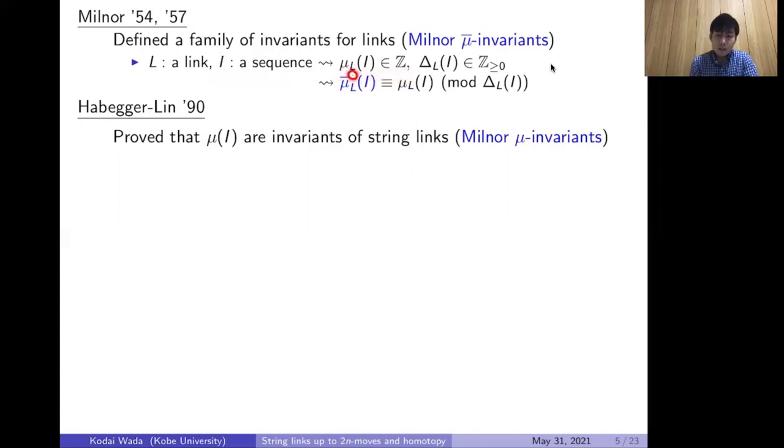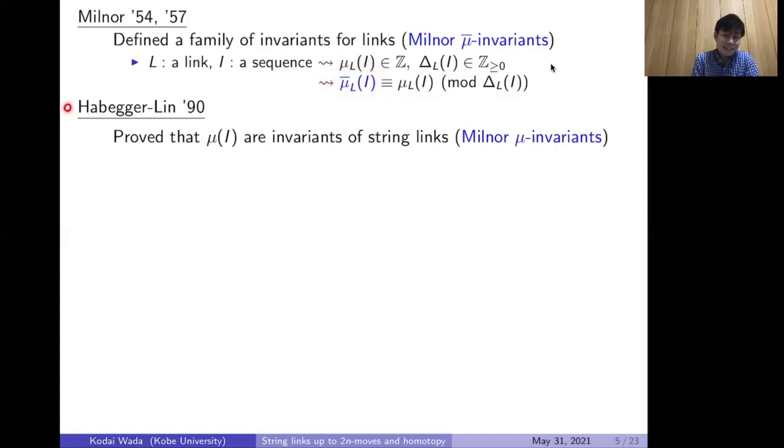Unfortunately, this integer is not an invariant of L. So we consider a non-negative integer delta L I, which is determined by Milnor numbers. Then the residue class of the Milnor number mu L I modulo delta L I is an invariant of L. This residue class is denoted by mu bar L I. This is the mu-bar invariant.